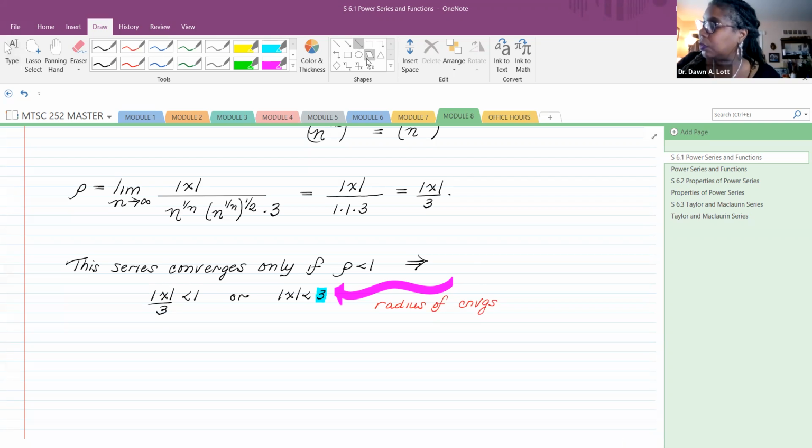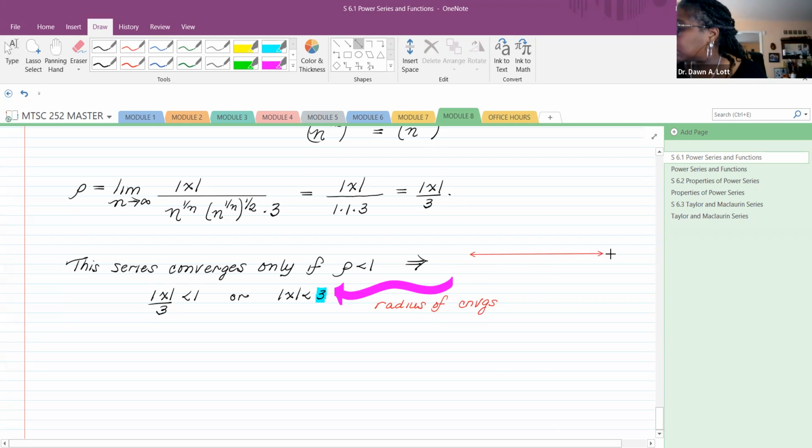So that means on an interval about x naught, which is 0, I can go up here and down here. So this is -3 and 3, and the radius is 3.